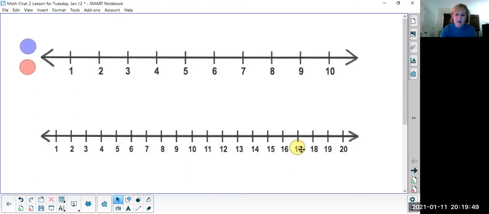So let's count together and I'm going to move my little yellow dot to the numbers. Okay, so count with me. 17, 16, 15, 14, 13, 12, 11, 10.